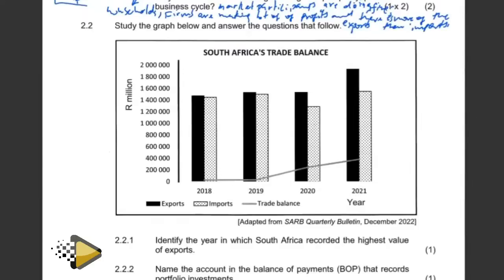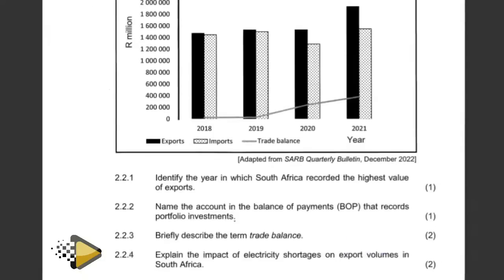Okay, right, grade 12. So now the first question reads 2.2.1, and it needs you to identify the year in which South Africa recorded the highest value of exports. So also you should be in a position to know the keywords or the key terms there. If you check, this is how exports are symbolized, and this is how imports are symbolized.